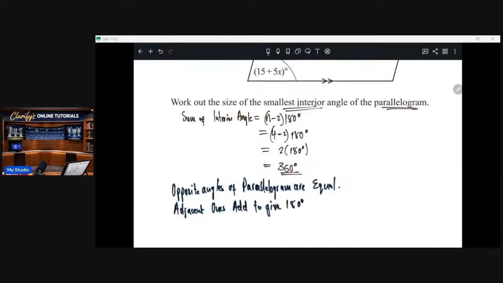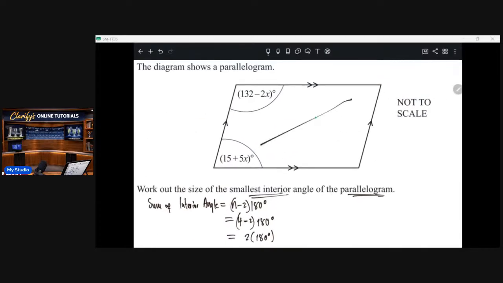You must know this about a parallelogram. There are two statements. Number one, the opposite angles are equal. So automatically you come here and put this to be 15 plus 5x. Then you should automatically know this is going to be 132 minus 2x.